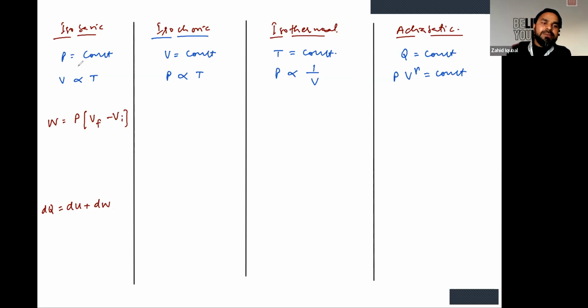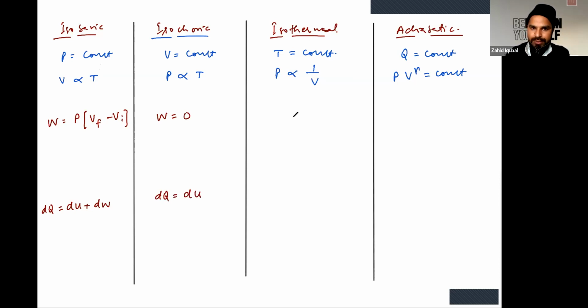Next, the molar specific heat for the isobaric process is CP, which I will define later. For the isochoric process, since there is no change in volume, work done will be 0, so according to the first law, dq equals du in this part.